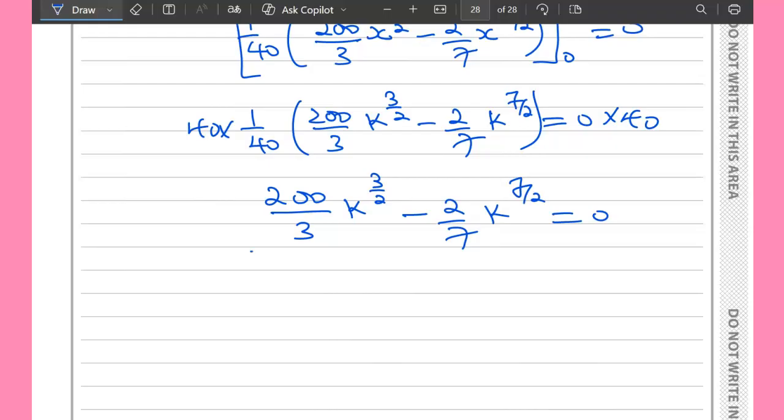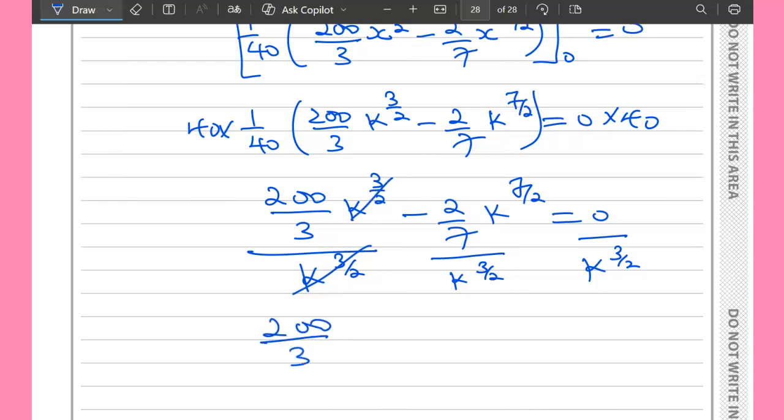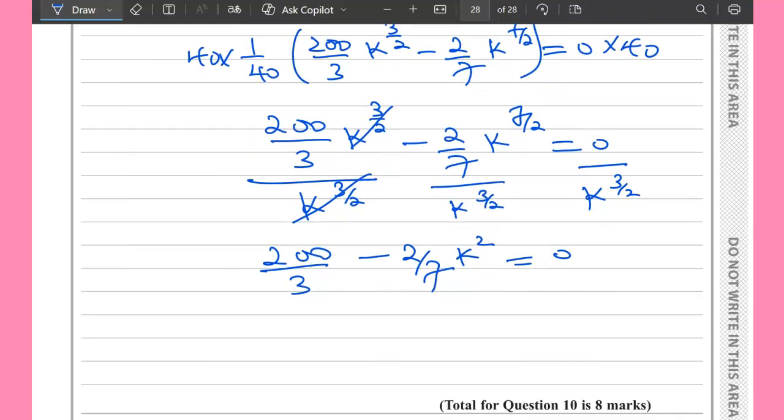So what we remain with is that these cancel out. We'll have 200 over 3 minus 2 over 7 k squared, and this should be equal to 0.